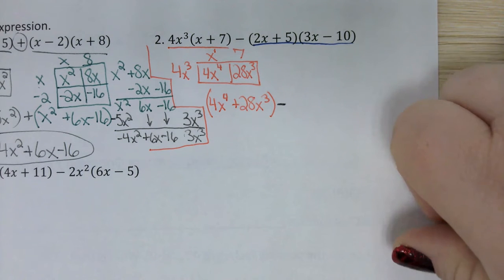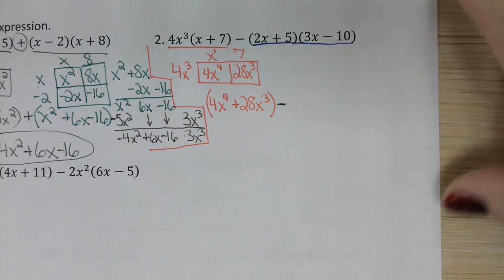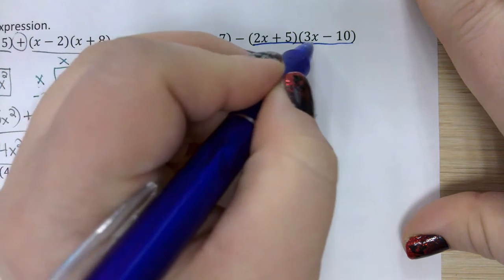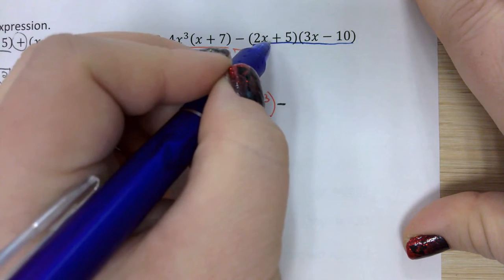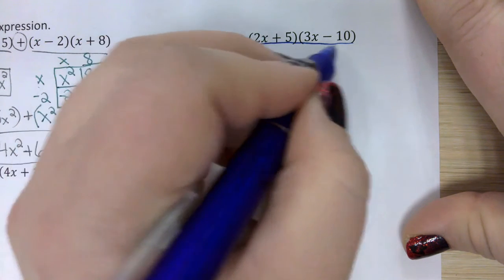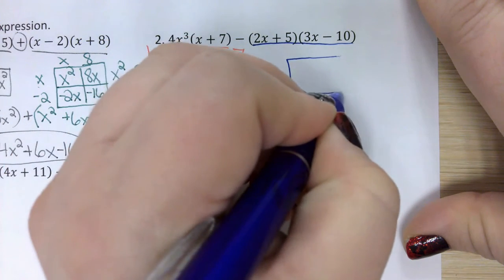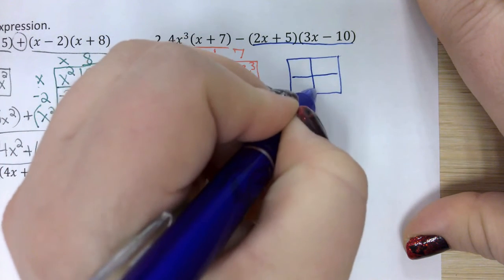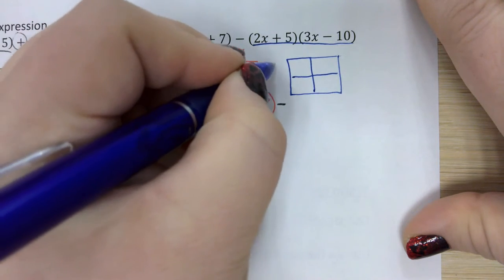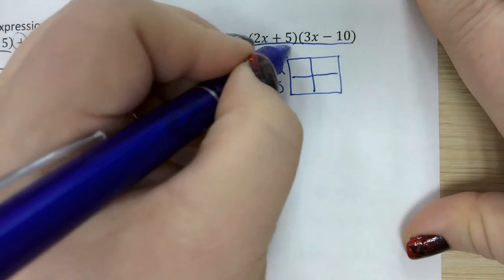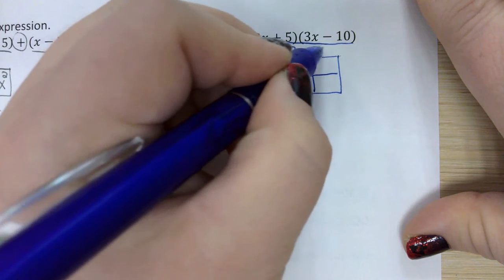So your second polynomial comes from multiplying 2x plus 5 times 3x minus 10. Two terms by two terms. So I will need a 2 by 2 box. 2x, and 5, 3x minus 10.